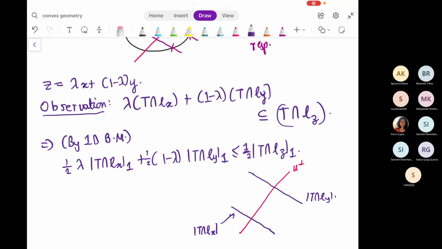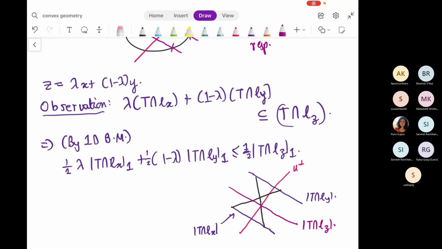Now, because of this relationship that I have written here, the line T intersection Lz is so large, or at least it has big enough Lebesgue measure, that if I draw any line between these 2 points, for example, this black line that I have drawn here, the line through Lz is big enough that it will intersect all of them.